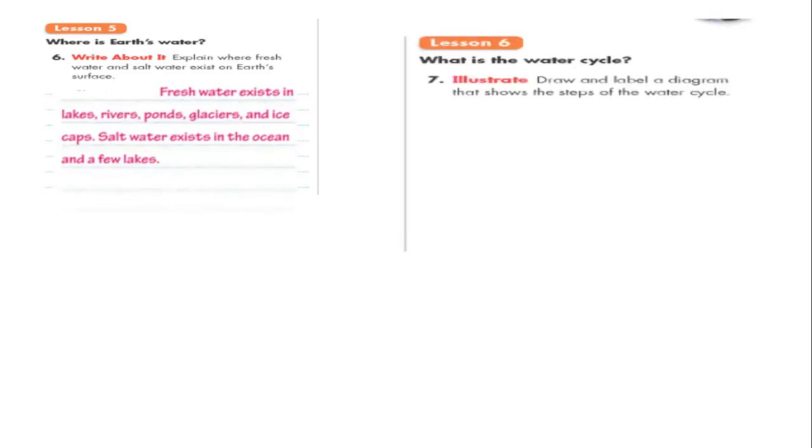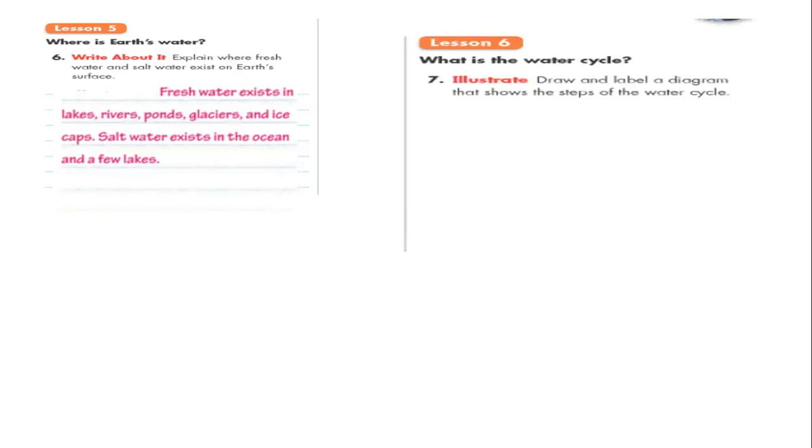Fresh water exists in lakes, rivers, ponds, glaciers, and ice caps. Salt water exists in the ocean, a few lakes, and also in the seas.